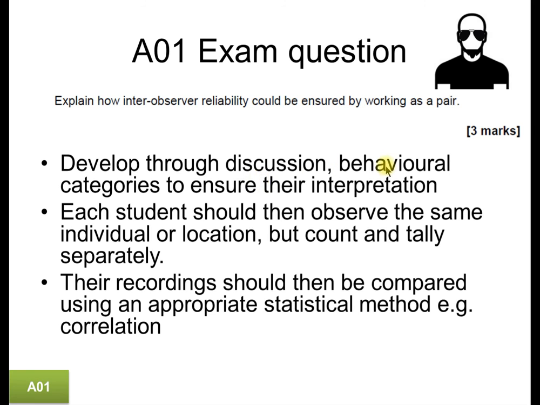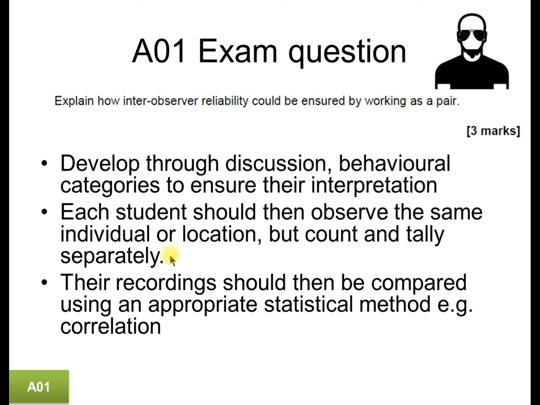So the first thing is your behavior categories. Remember, this is how we improve the reliability of studies. So you work with your partner to ensure that the behavior categories are unambiguous and their interpretation is clear. Each student, or observer, should then observe the same individual or location, but count and tally separately. So you're observing simultaneously. You may even be standing next to each other, but you are tallying your sheets separately.